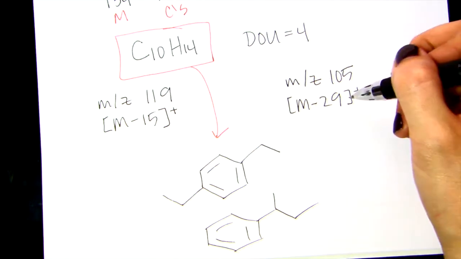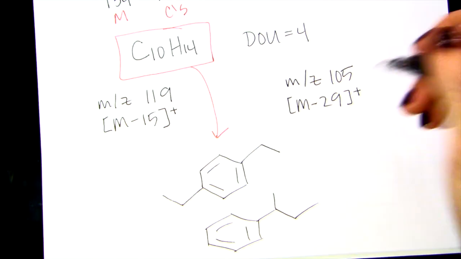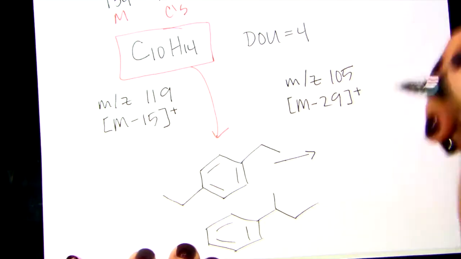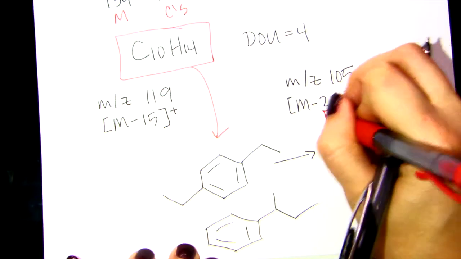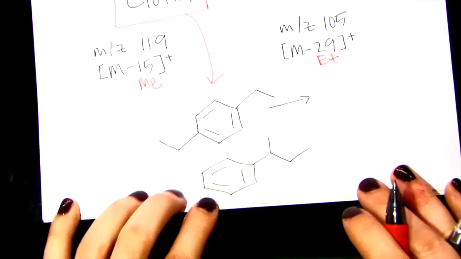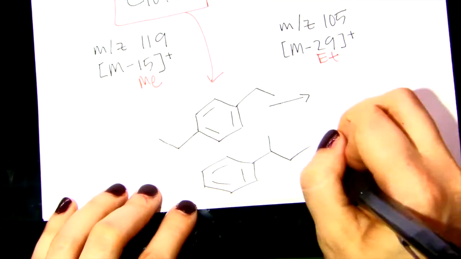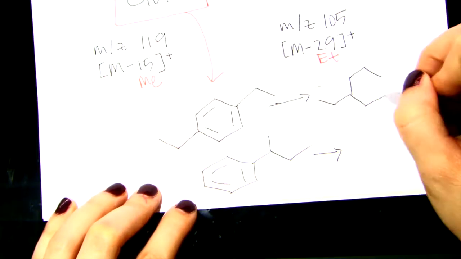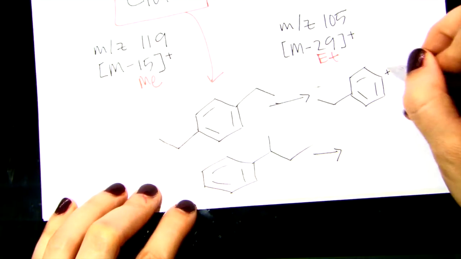And so like these fragments, if it's asking you for a fragment structure, you're just looking for something like, if it was this one, right? If you're losing this ethyl, 29 is an ethyl, 15 is a methyl that we're losing. You just want to draw some sort of fragment that's consistent with that. So if this was your proposed structure, you might propose this as your fragment because it's lost an ethyl.